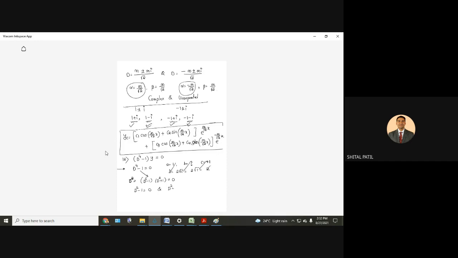D square plus 1 equal to 0. So this will give D square equal to 1 and D equal to plus minus 1, real roots. Whereas this will give D square equal to minus 1 and therefore D equal to plus minus i, complex roots.